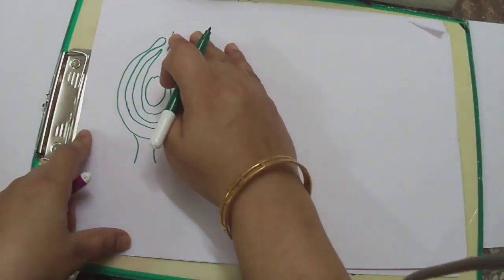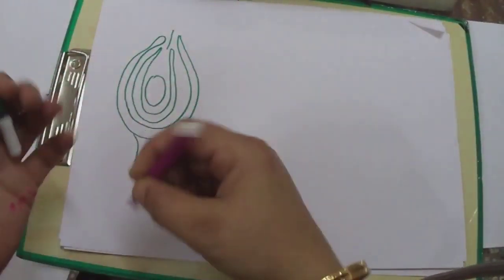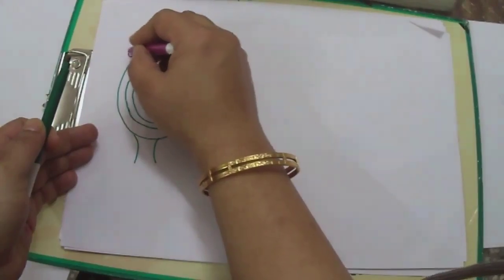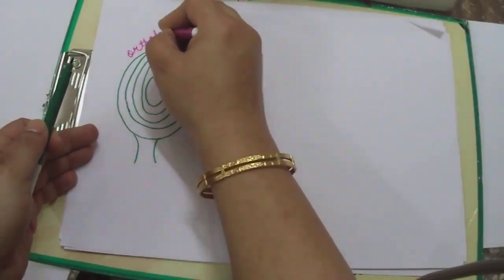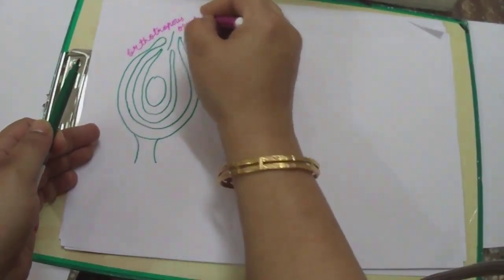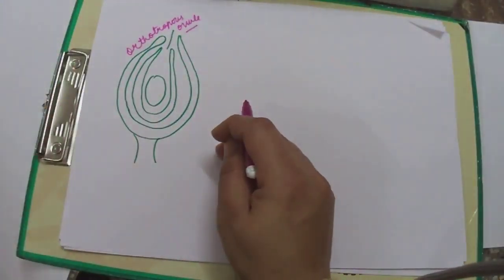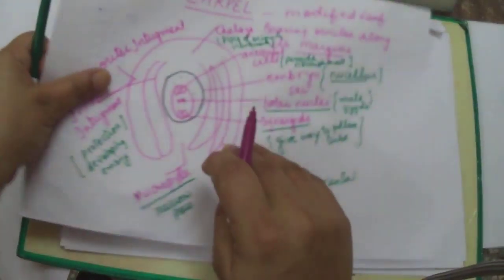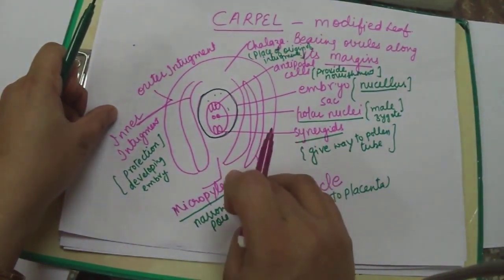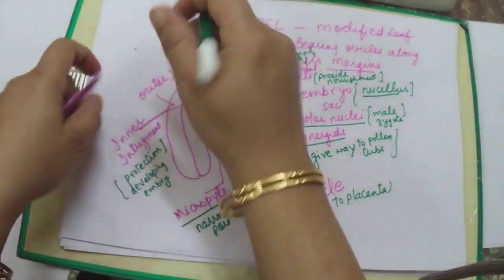When the micropyle is straight and funiculus is at the base, this type of ovule is known as orthotropous ovule. Second, in which the micropyle is at the base near the funiculus, is known as anatropous ovule.